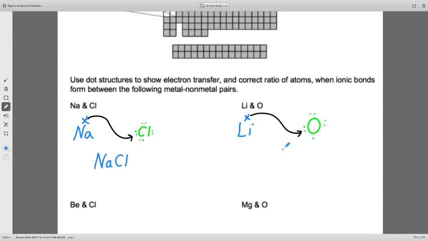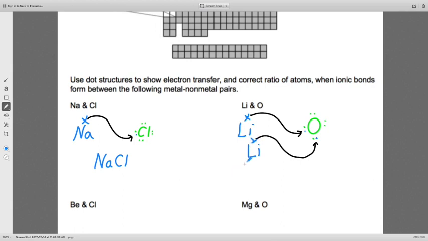So that means in the formula unit here, in kind of the smallest unit that the bonding occurs, we actually need a second lithium atom. So there's our lithium represented with its valence electron. And what we're going to see again is transfer of that electron. But now it's going to go in this other location. It gets transferred in here. And it is gone from that lithium atom.